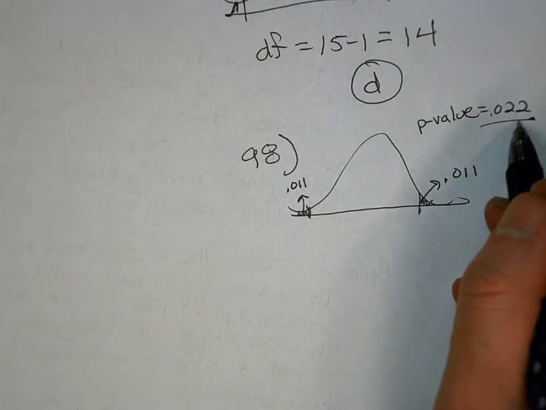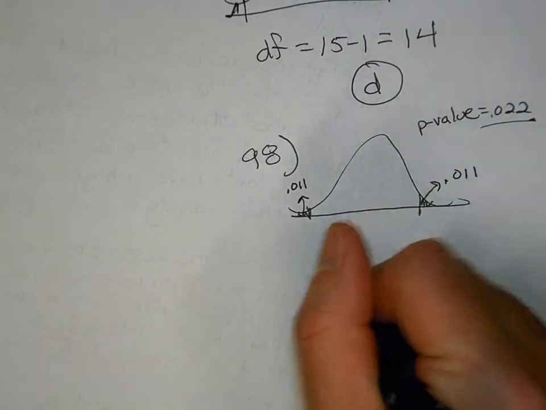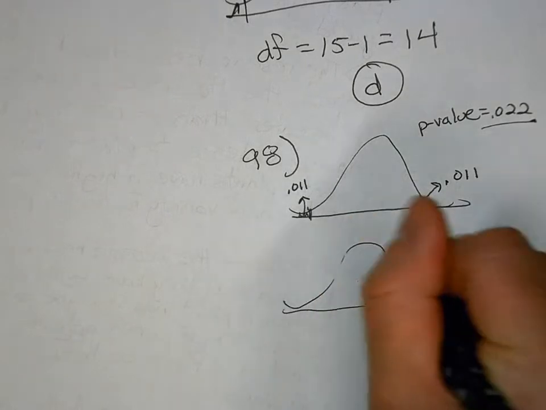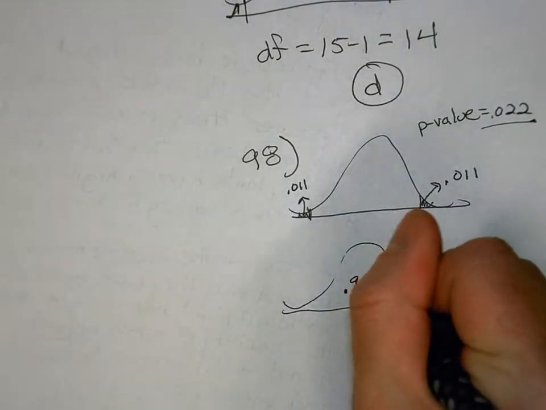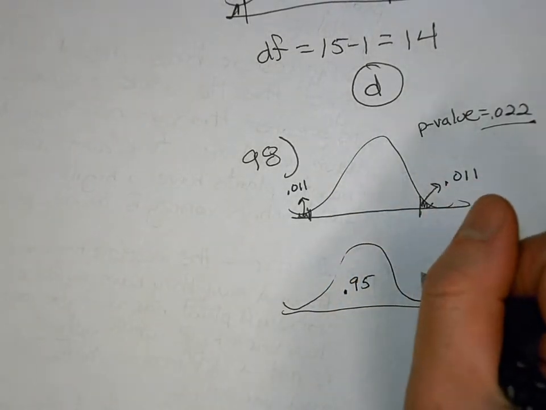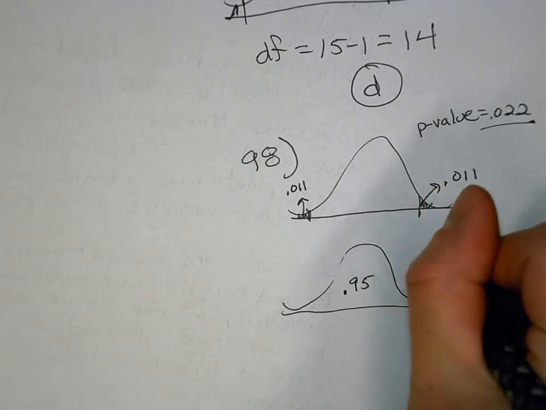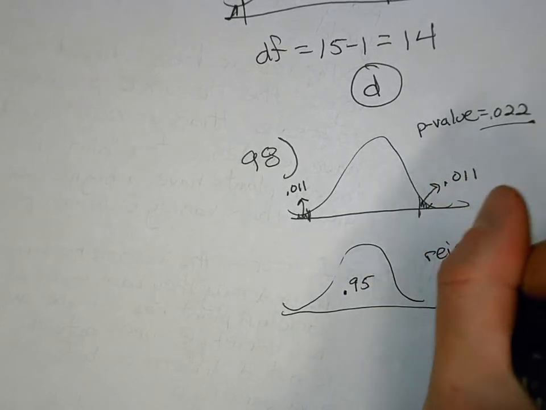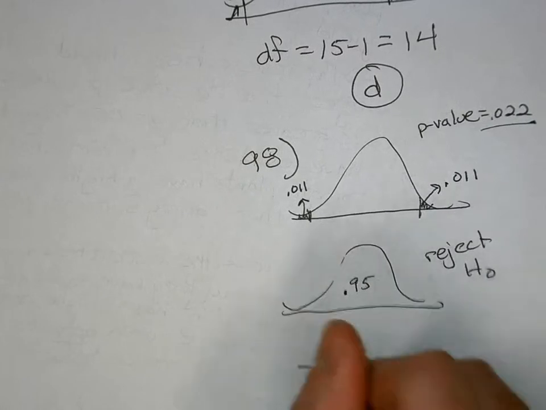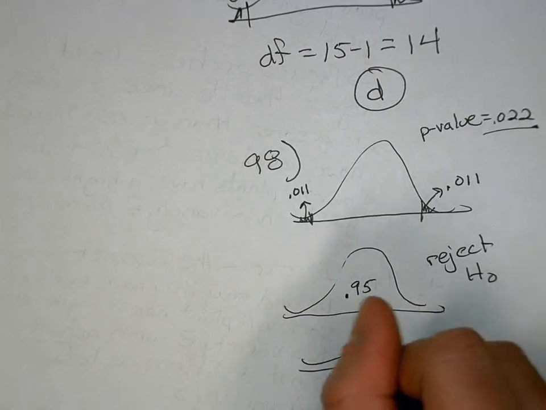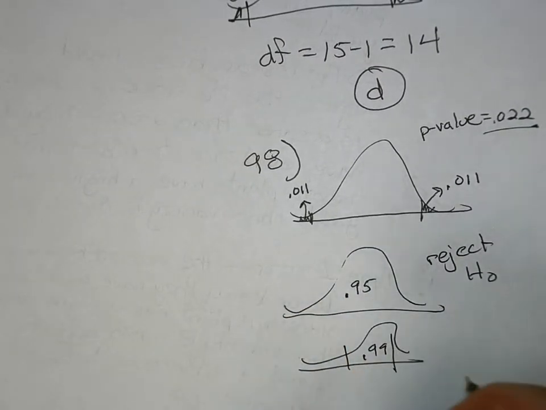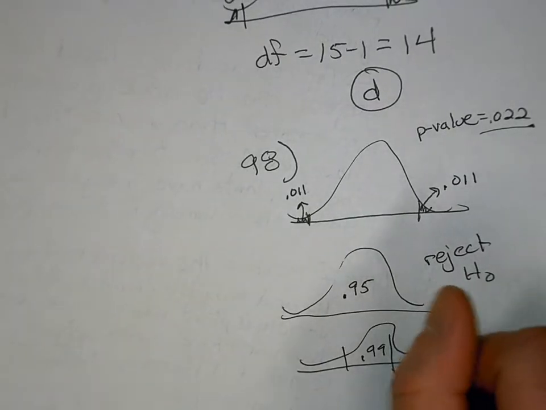That is larger than your 95% confidence interval, so for 95, I would reject H0. And for 99, I would fail to reject.